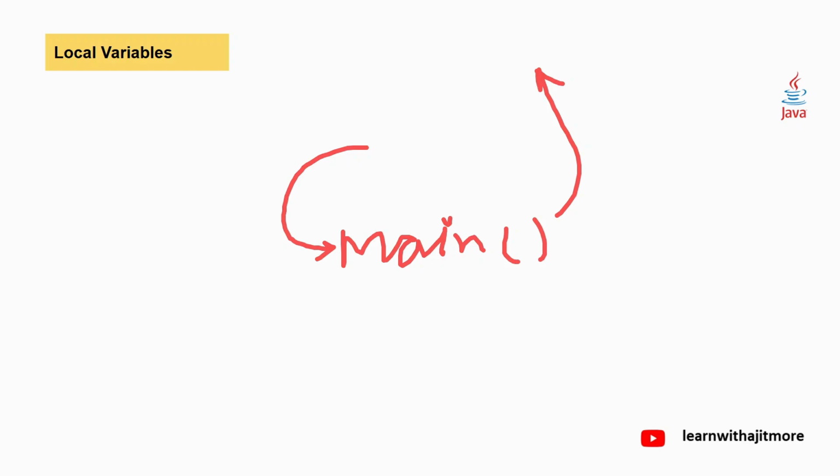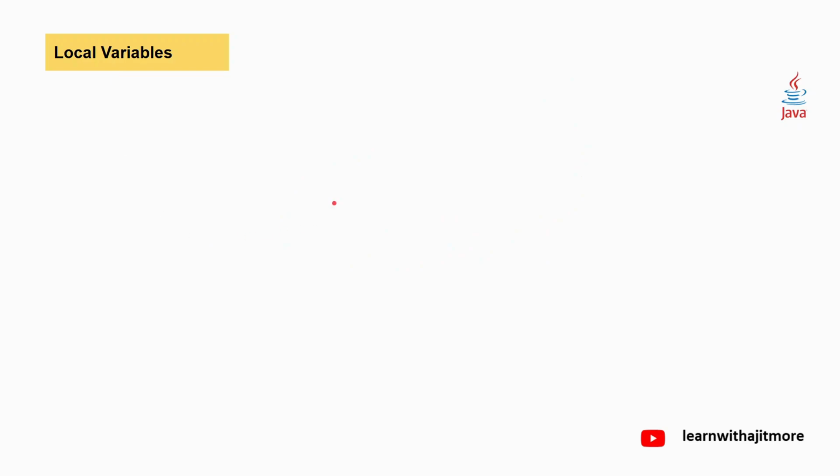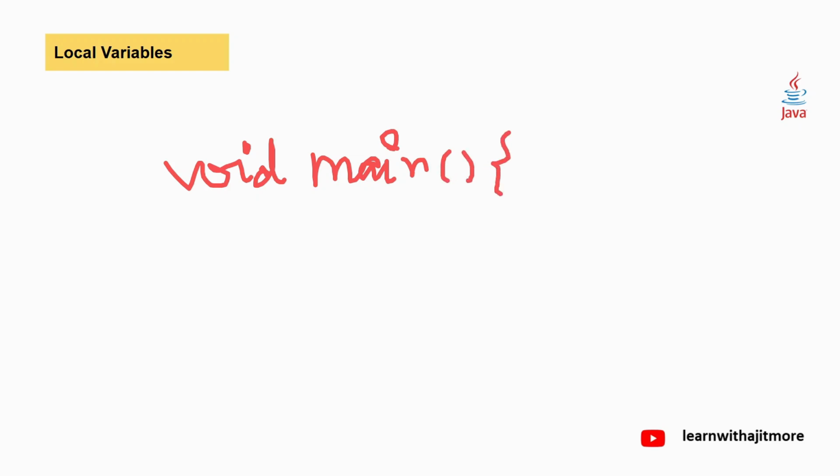And see why the stack is appropriate only for local variables, because the calling sequence is in that manner. Getting? The methods are called in a LIFO manner. See here, if you have created a method, method main, and inside main there is a call given to foo.